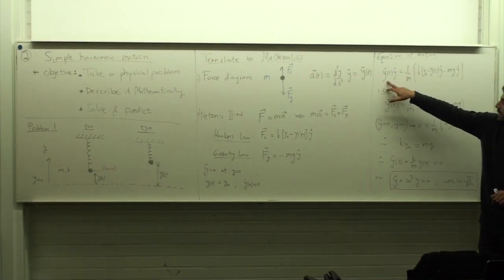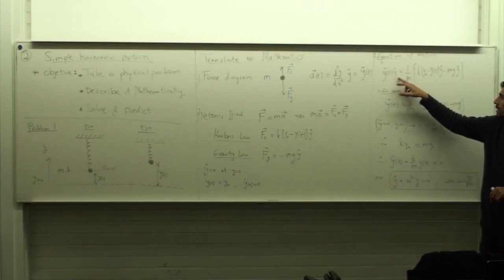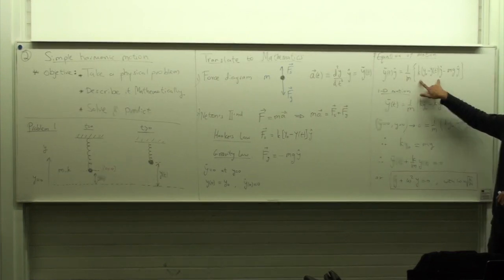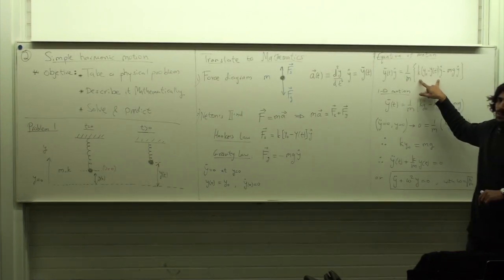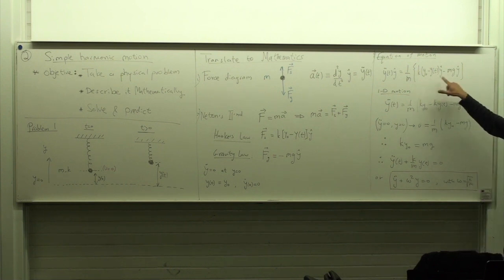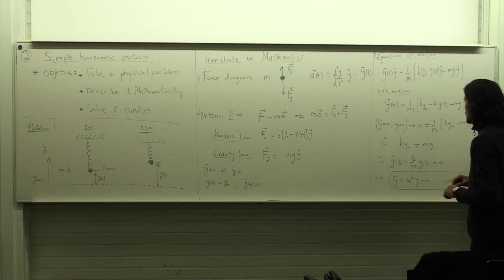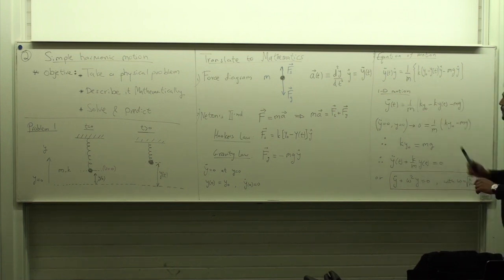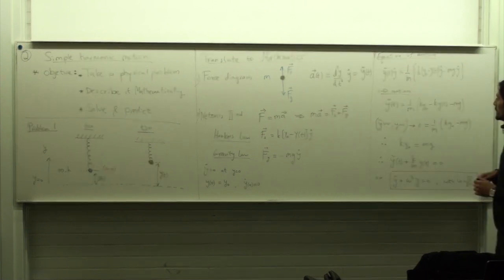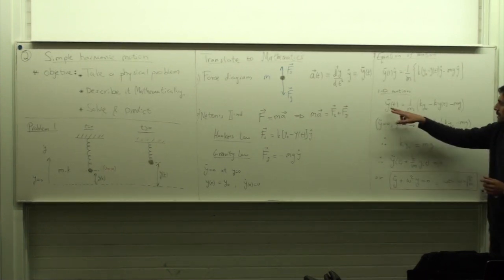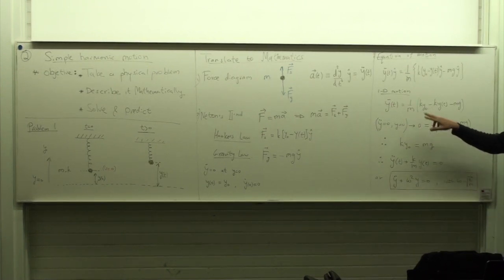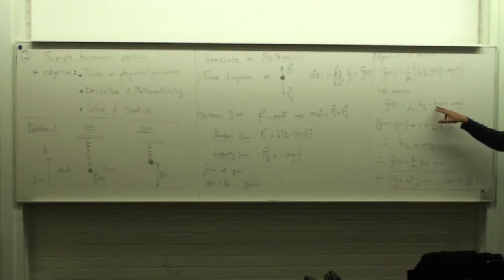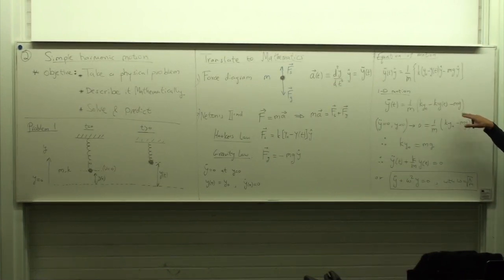A is the acceleration in the y direction, so it's y double dot, equals 1 over m times the spring force minus the gravity force. It's a 1D motion, so I don't need the vector notation. So I can write y double dot equals 1 over m times ky0 minus ky of t minus mg.